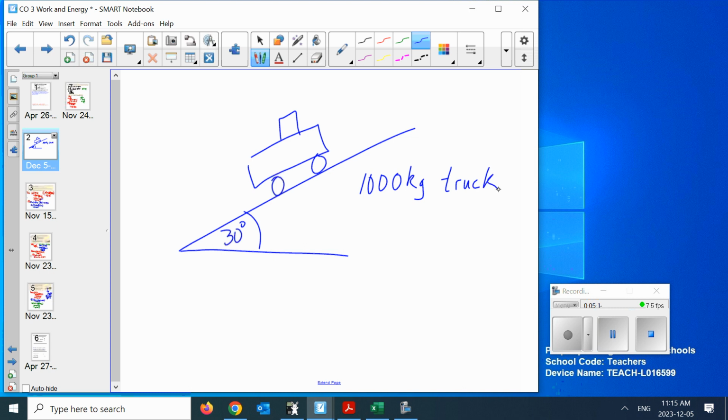And this is a 4-meter driveway on an incline. But it's parked and the brakes are on, it's not skidding. How much work is being done to this vehicle?